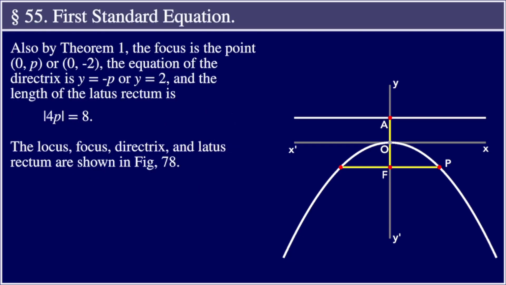Also, by Theorem 1, the focus is at the point (0, p) or (0, -2). The equation of the directrix is y equals -p or y equals 2, and the length of the latus rectum is the absolute value of 4p, equal to 8. The locus, focus, directrix, and the latus rectum are shown in Figure 78.